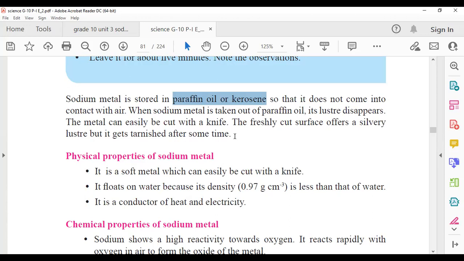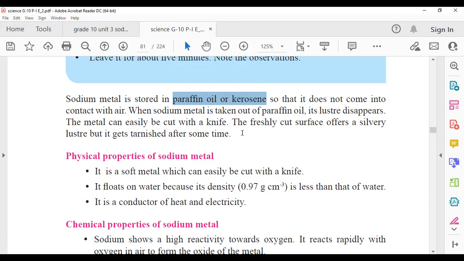Its shininess will go. Sodium is a softer metal, so using a normal kitchen knife you can easily cut it. Sodium will quickly lose its luster.